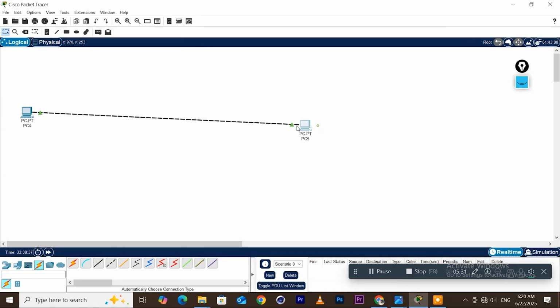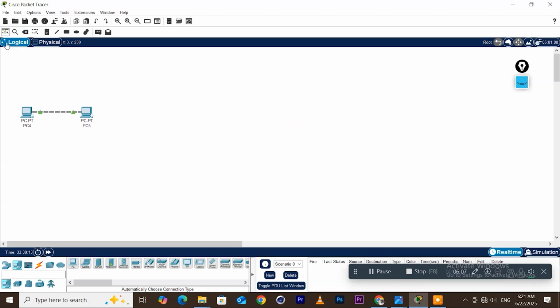Let's put this aside here. So next, we look at the basic configuration between PCs using a switch. Let's take these PCs and place them here, and we get a switch and connect them together.